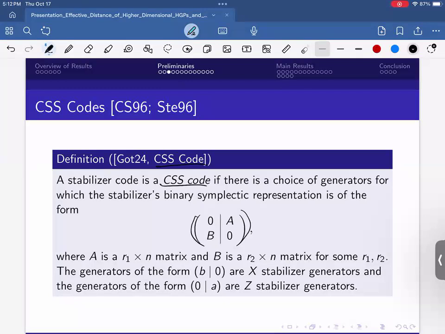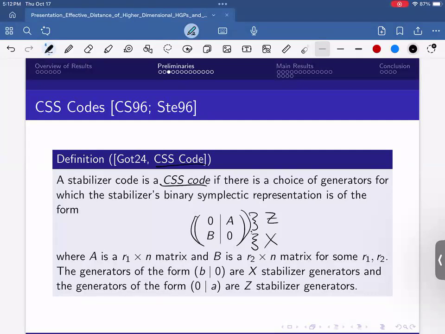The top rows gather all the Z stabilizer generators, and the bottom rows gather all the X ones, such that each row consists only of Z or only of X, which means each generator itself will be solely Z's or X's.